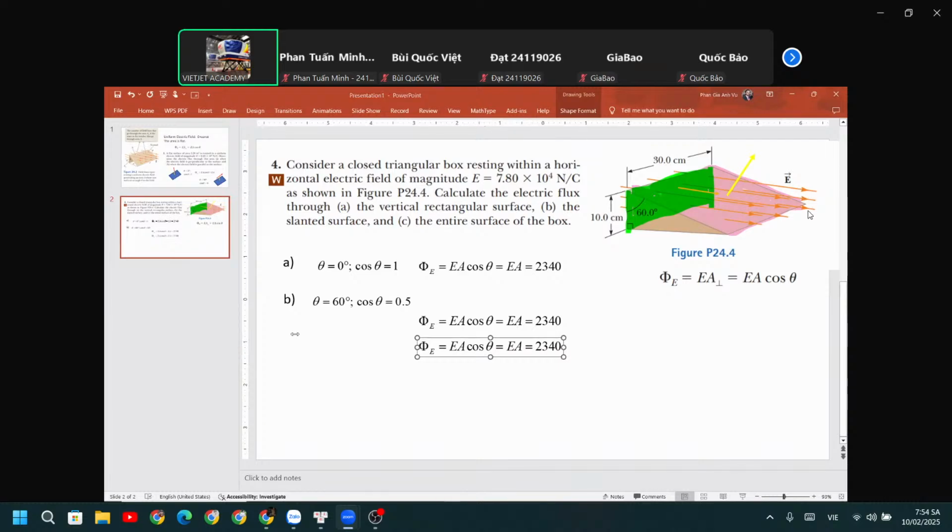The area now is one side is 30 centimeter, right? Multiply with the side here. What is the side here?